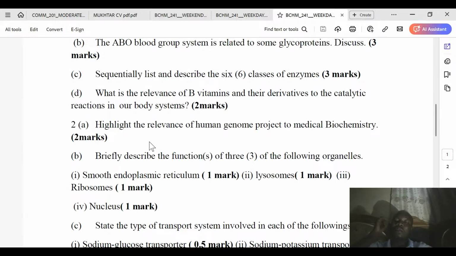So some of these enzymes need cofactors or coenzymes for them to work. In the absence of these coenzymes or cofactors, the enzymes will remain inactive.